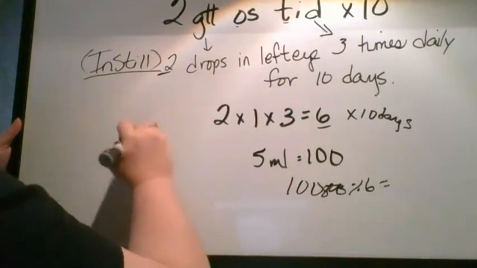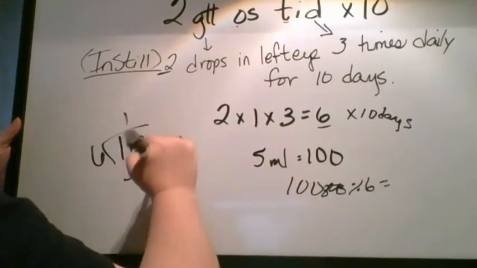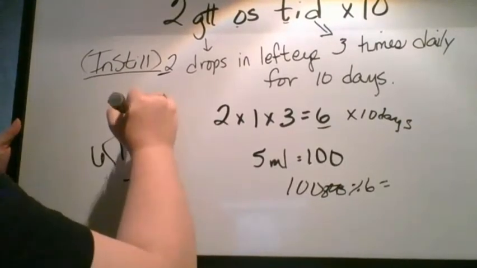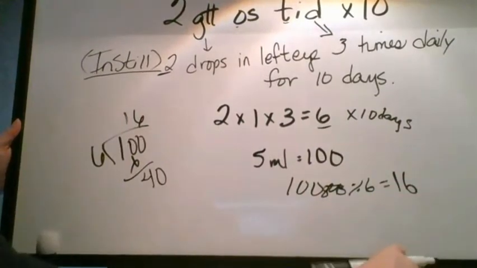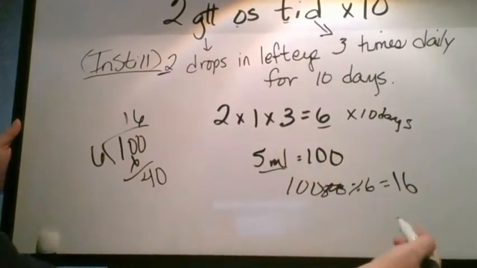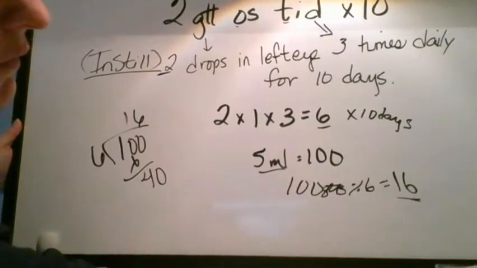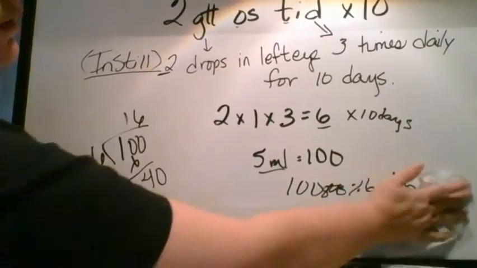Y'all, I don't have my calculator out here with me. 16 approximately, 16 days supply. If you were to give them a 5 ml bottle, you would put this in the computer under the day supply of 16, even though it's only going to truly last them about 10.